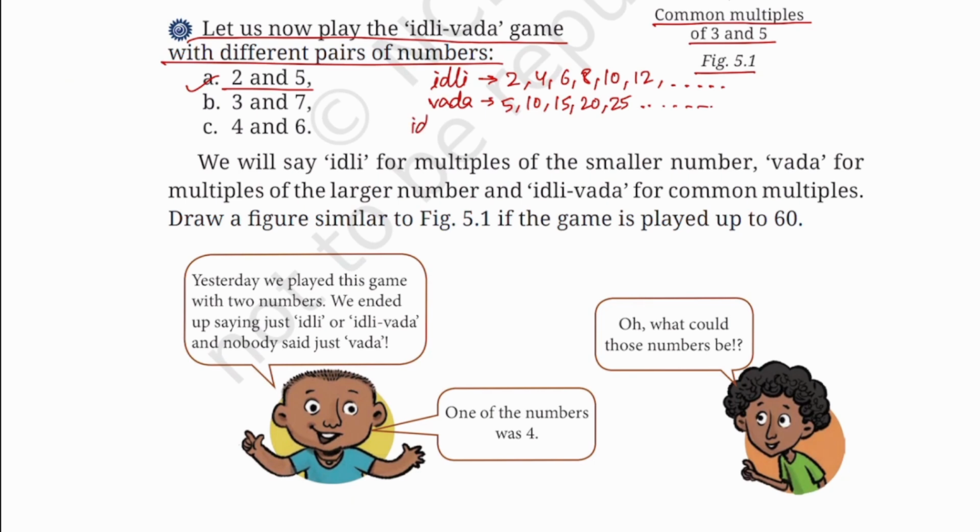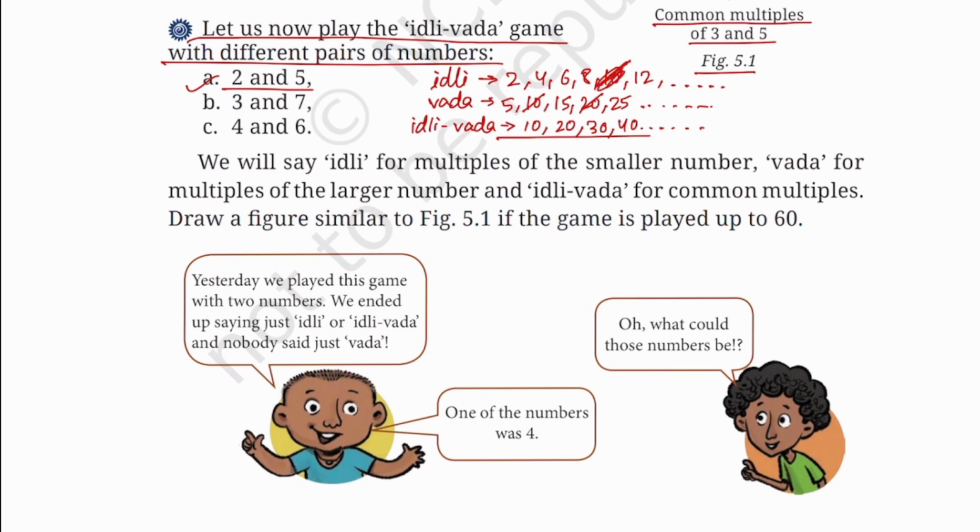And idli vada will be said when there is a multiple of 2 and 5, that is 10, 20, 30, 40 and so on. So the numbers that are in the third list, that is in the idli vada, should be crossed out from the first and second lists.